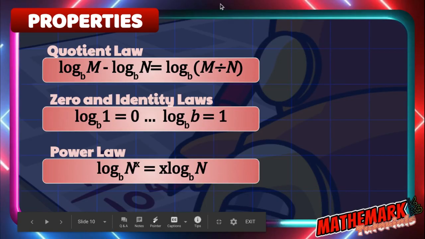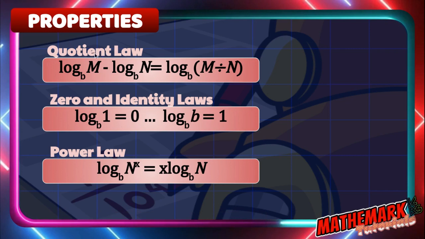There are more properties such as the quotient law, which is simply the opposite of the product law. Instead of addition, it becomes subtraction right here. And when you combine them, instead of multiplication, it becomes division. For the zero and identity laws, when the number is 1, for any base, as long as the number is 1, the answer will always be 0.